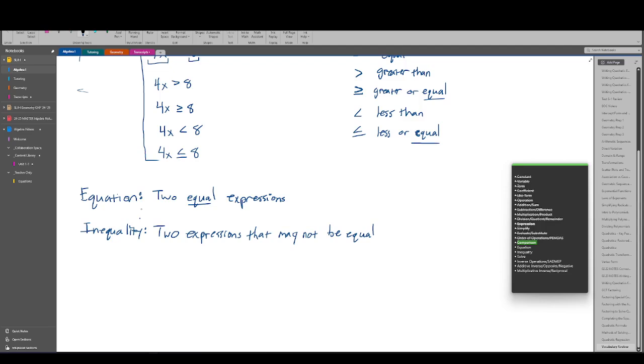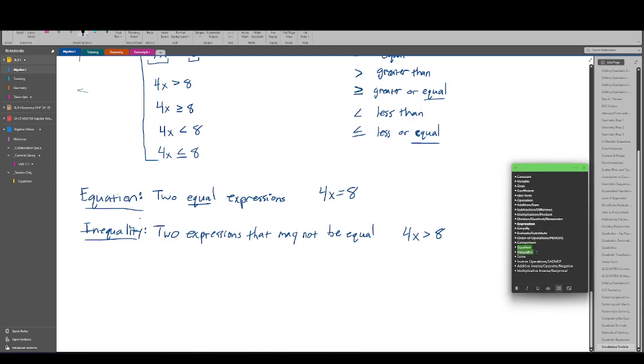So an example of an equation like we put up there, 4x is equal to 8, and then an inequality, 4x is greater than 8. So depending on which comparison we're using, we have an equation or an inequality. But let's cross them out.